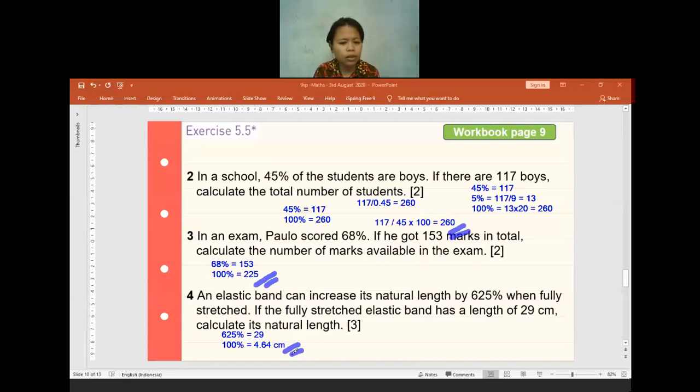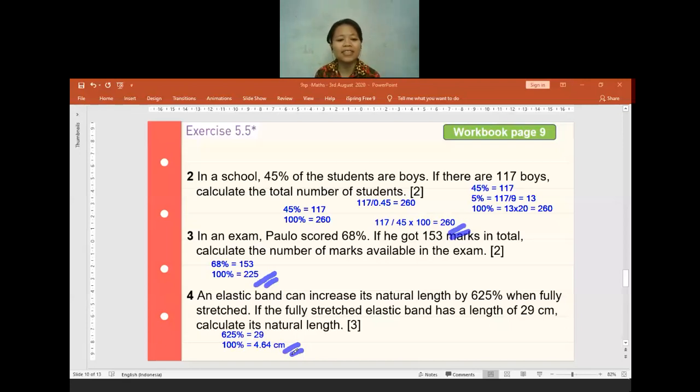Wait, let me read the question again. Can increase, so the 29 will equal 625%, or 725%, or 100%?